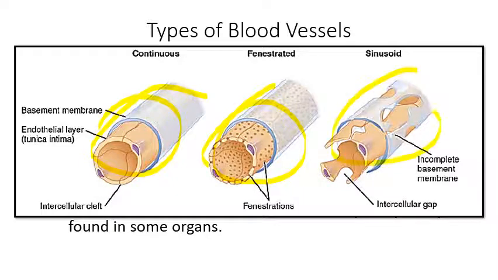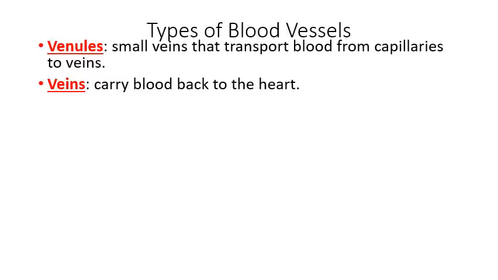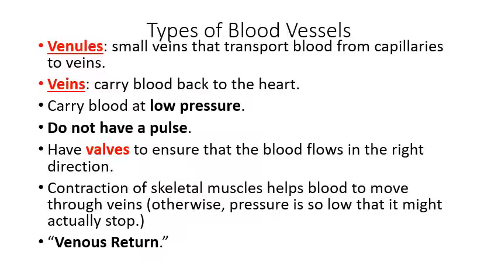And then over here we have a sinusoid capillary that has gigantic holes in it at all times, and so it's leaky at all times, right? So we have some capillaries that can only become leaky when they're ordered to do so. We have some that are a little bit leaky all the time, and we have others that are very leaky all the time.